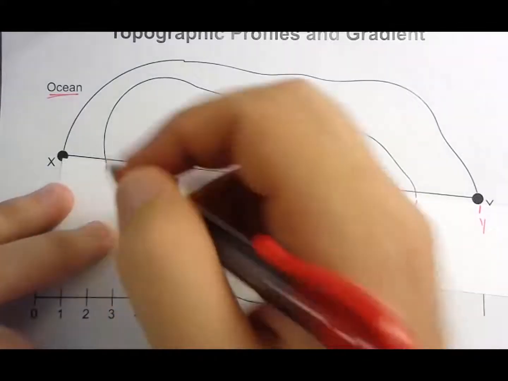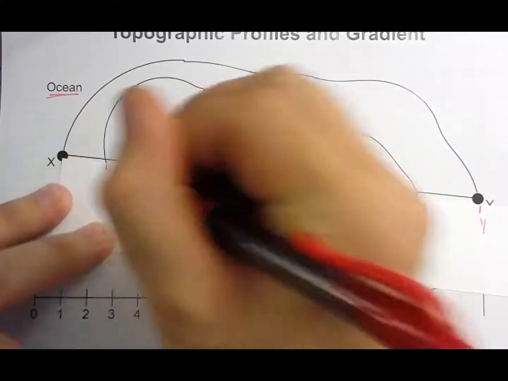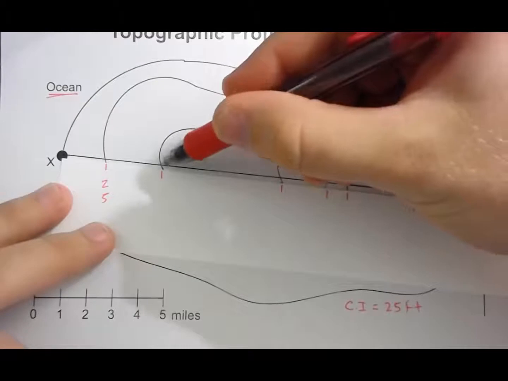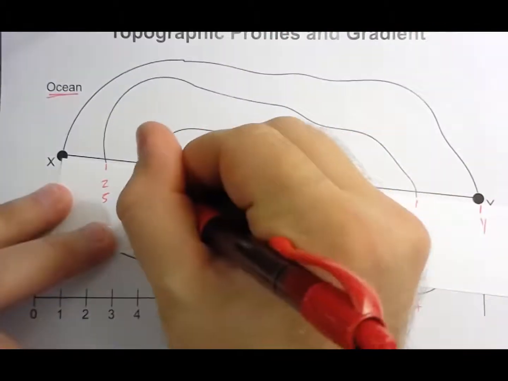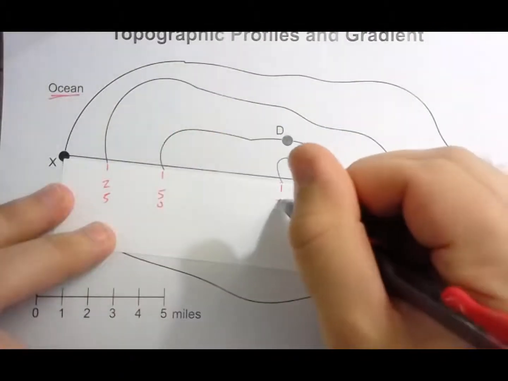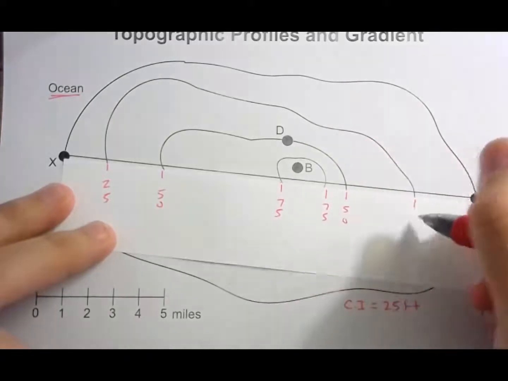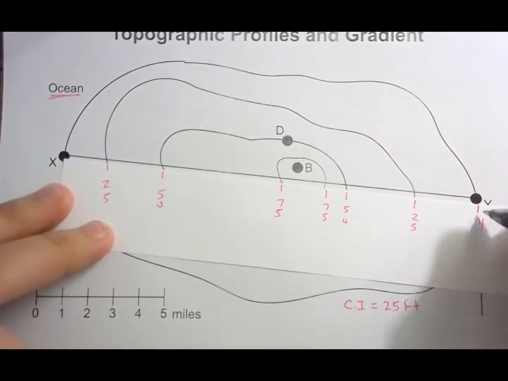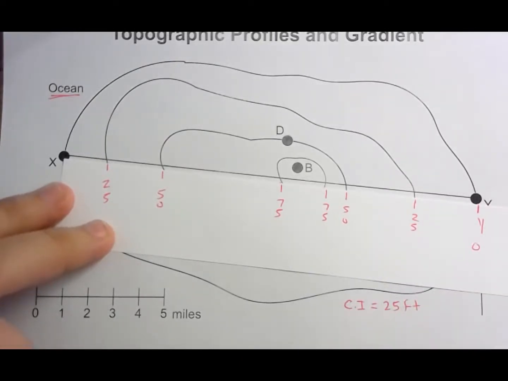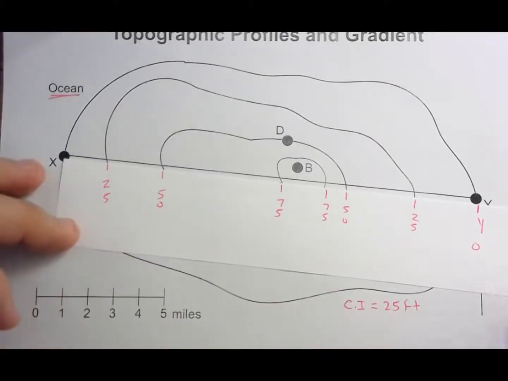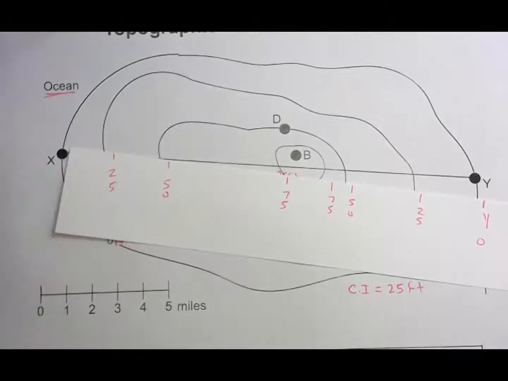So this line here is 25 feet. The next line in is going to be 50 feet, 75 feet, 75 feet, 50, 25. We know Y is on that outermost line. That's 0 or sea level. Okay? So once you have this done, you're about halfway finished with making a profile.